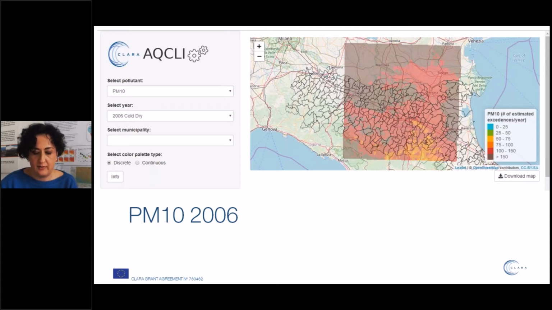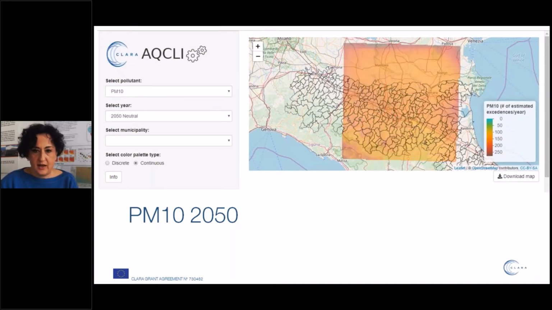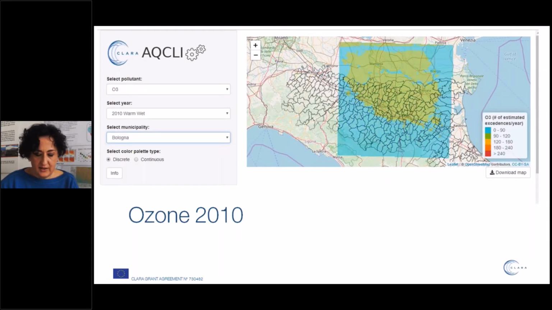It is a PM10 map of days favorable to PM10 accumulation. Here is a map of PM10 related to 2050 with another color palette. And here is the map of possible exceedance for ozone in 2010.